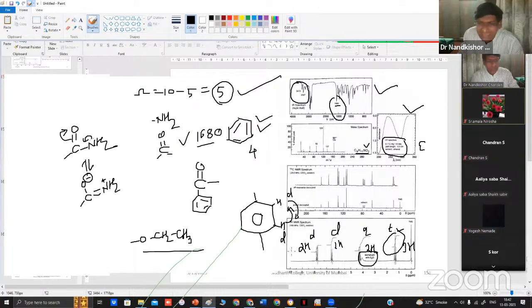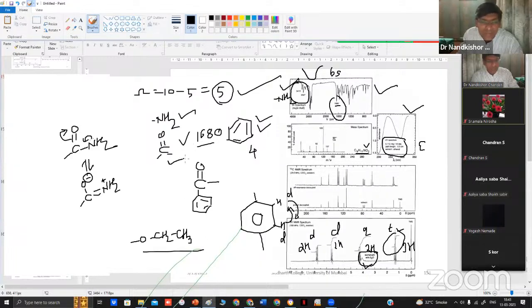Carboxylic acid is not there, and alcohol is not there, because a doublet is present over here. In the case of a hydroxyl group, this peak would be a broad singlet, whereas this is a sharp peak, which is a doublet, and that indicates the presence of NH, and that to be NH2. So from this IR, it is confirmed that this particular peak belongs to the NH2 group. So this NH2 group has been confirmed.